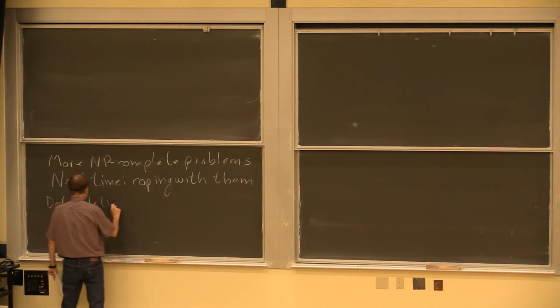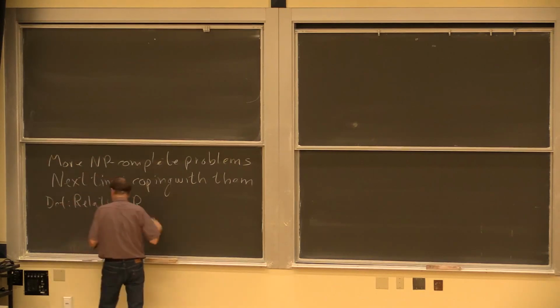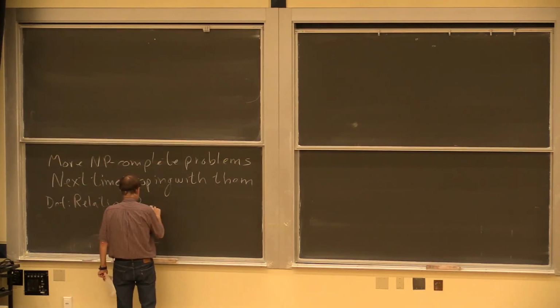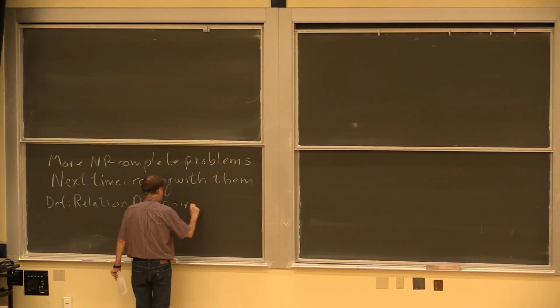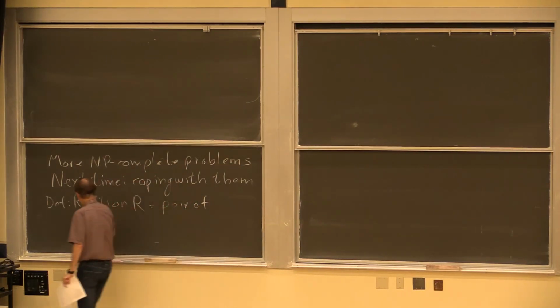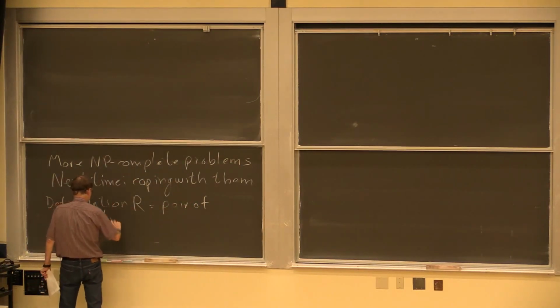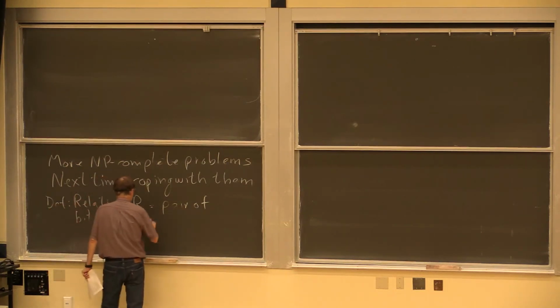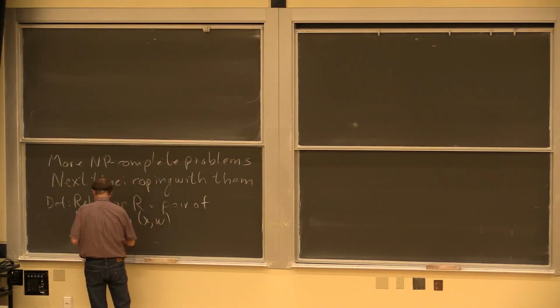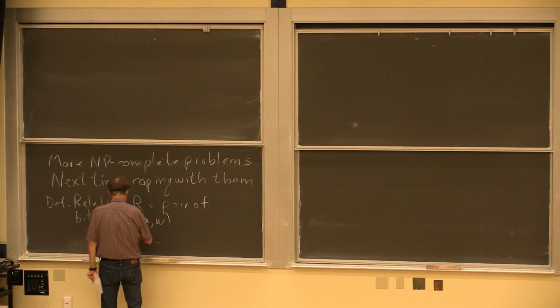So a relation R is all pairs of bit strings X and W, where X is an instance of a problem.